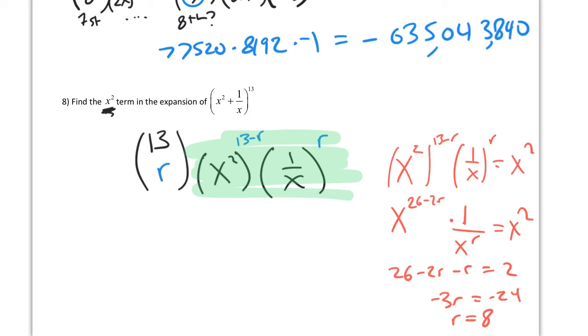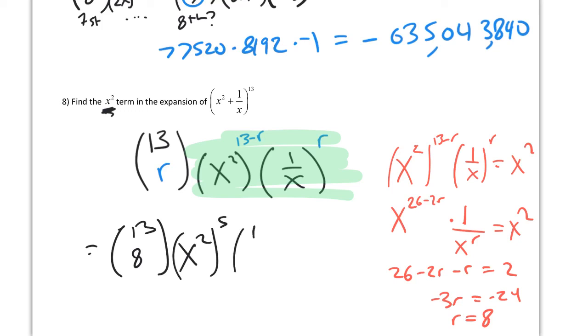So now I can say that I have 13 choose 8 times x squared to the 13 minus 8, which is 5, and then 1 over x to the 8th.